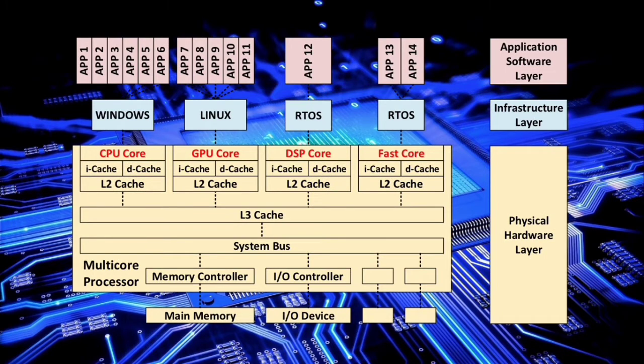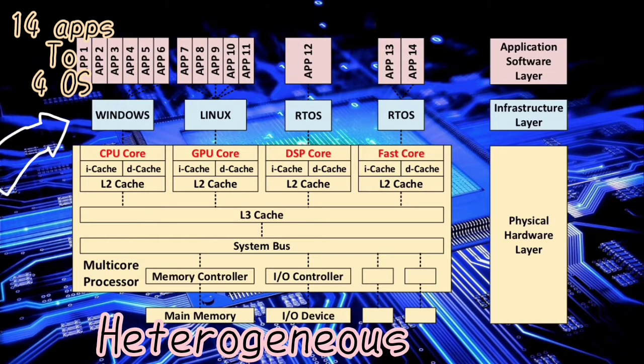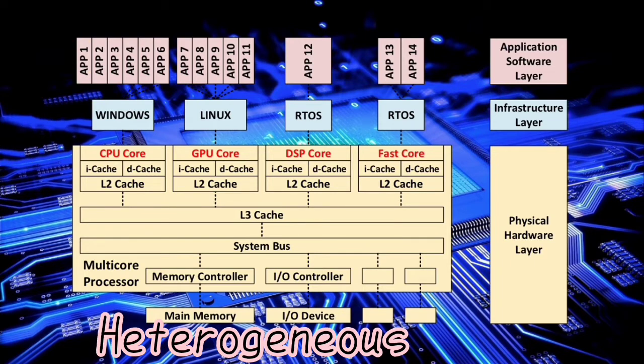This figure shows how these 14 applications could be allocated to 4 different operating systems, which in turn are allocated to 4 different cores in a heterogeneous quad-core processor. From left to right, the cores include a general-purpose CPU running Windows, a GPU core running graphic-intensive applications on Linux, a DSP core running a real-time operating system (RTOS), and a high-performance core also running an RTOS.